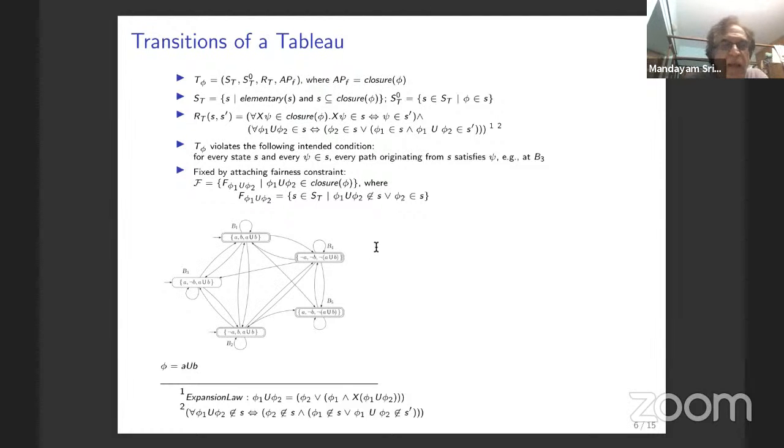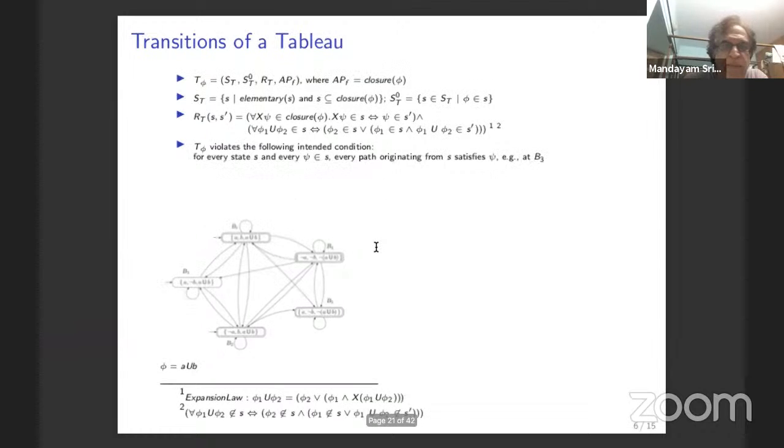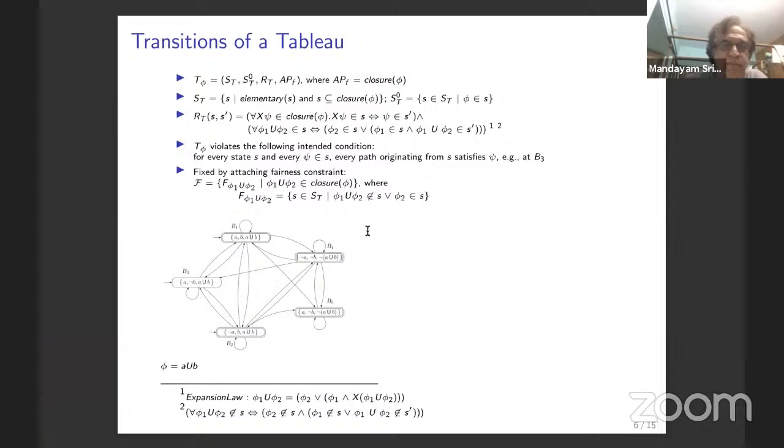Okay, so we saw the examples for X and the until operator. I want to show a couple more examples today, for LTL formulas that use nested operators.